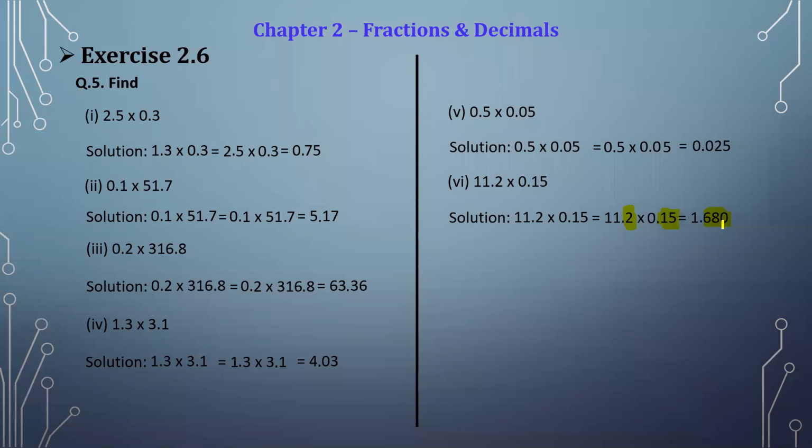So we put the decimal point between 1 and 6, and we get the answer as 1.680, which is the required product of 11.2 and 0.15. So this is example number 6.